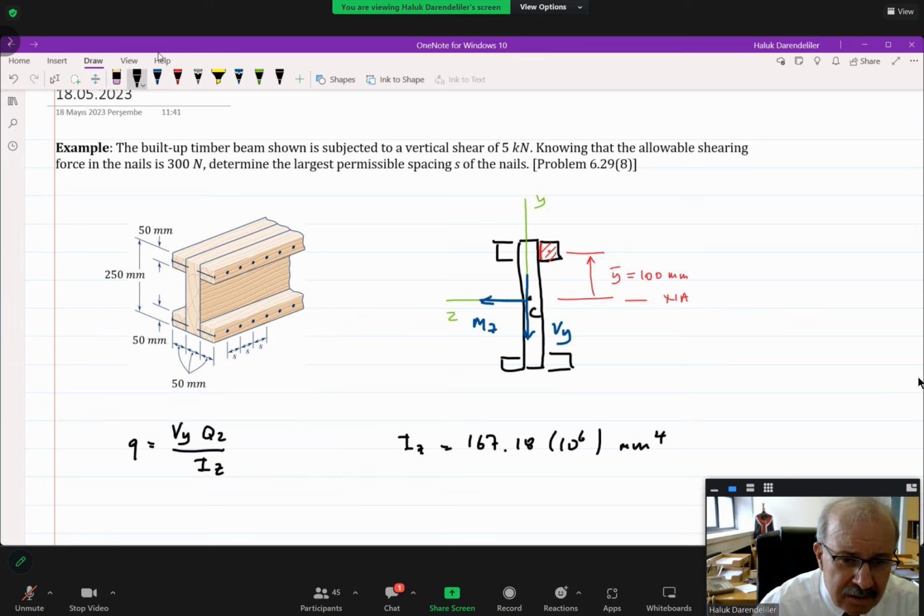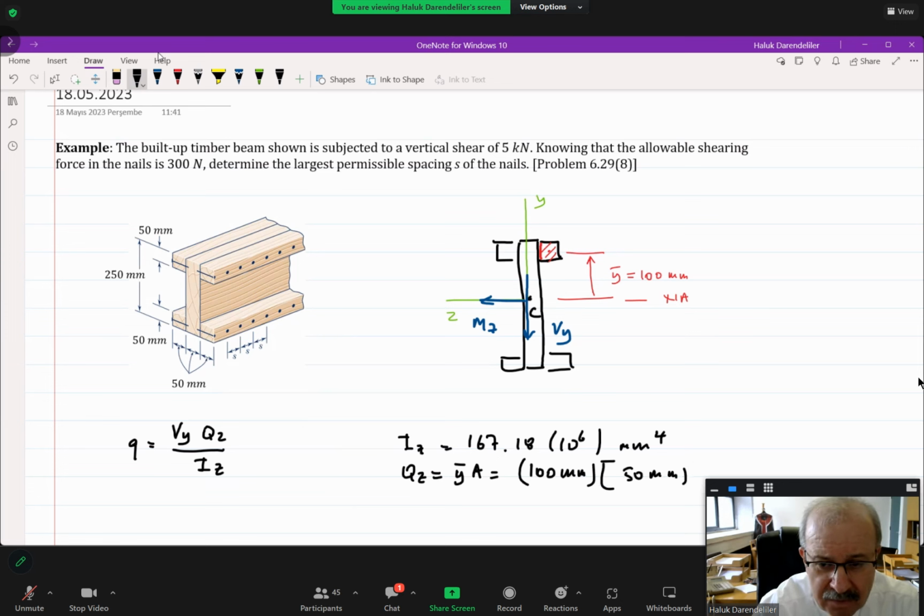Then the remaining is very simple to calculate. We only need the Qz. Remember, Qz is the first moment of area about the z-axis, which is simply y bar times A. Now, y bar is clear for that rectangular area, equal to 100 millimeters. You can easily verify from the problem. And the area is clear, look at the figure, it is 50 millimeters by 50 millimeters.